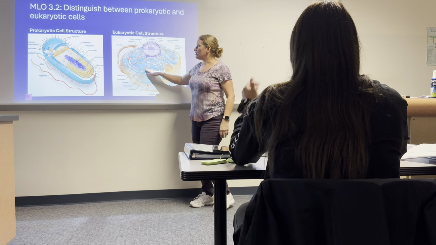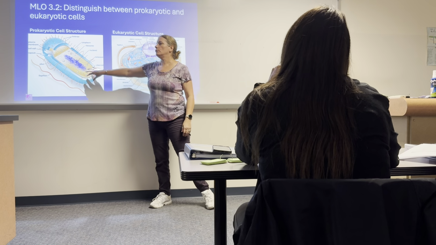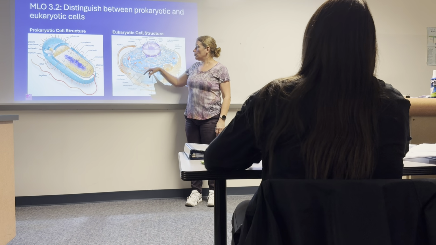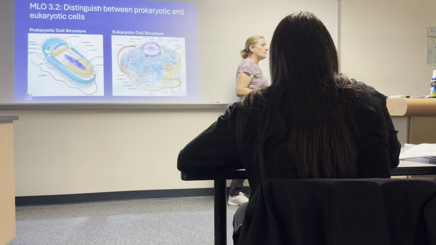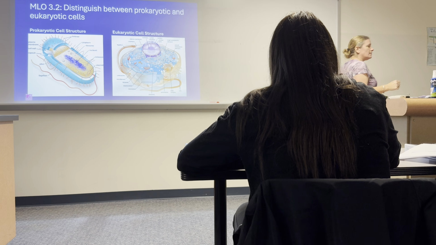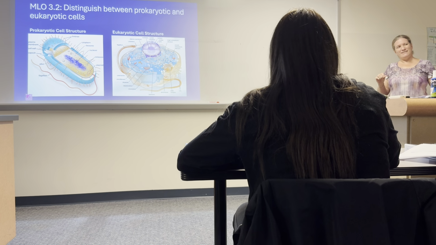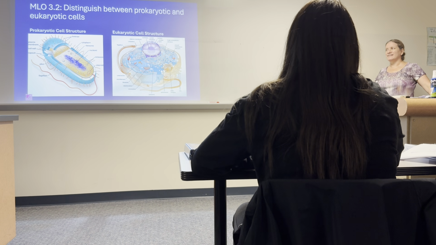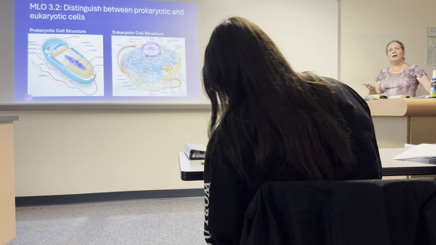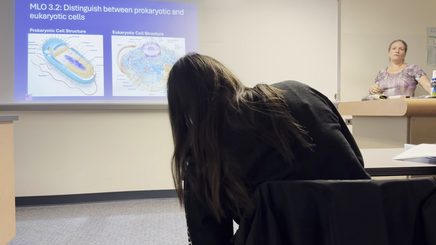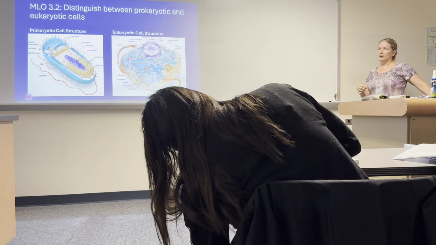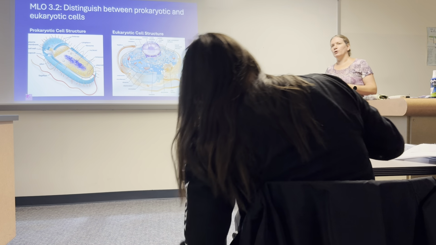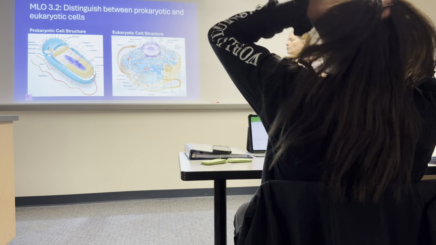Because their characteristics are very similar to a prokaryotic cell. In fact, as we move forward and we talk about mitochondria and chloroplasts, both of them have genetic information in them. So the genetic information for eukaryotic cells is going to be found in the nucleus, but there is also some information found in the chloroplast or mitochondria, depending upon if they have that particular organelle, because that organelle does have DNA within it.